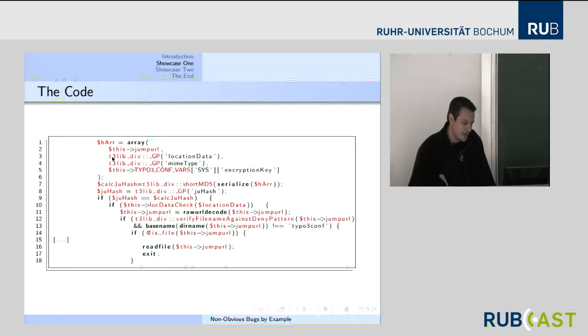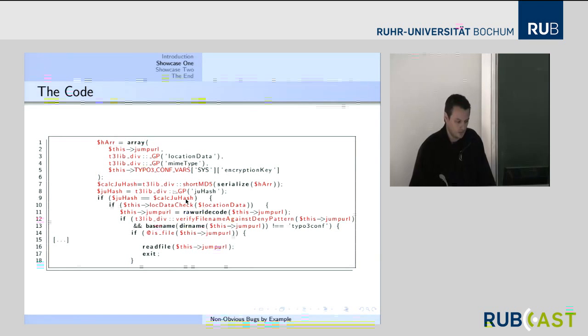So they built an array here containing the jumpurl parameter, some other junk parameters, some config setting named encryption key, and then they MD5 the whole array and compare the resulting hash with the hash that you actually supplied in the URL.